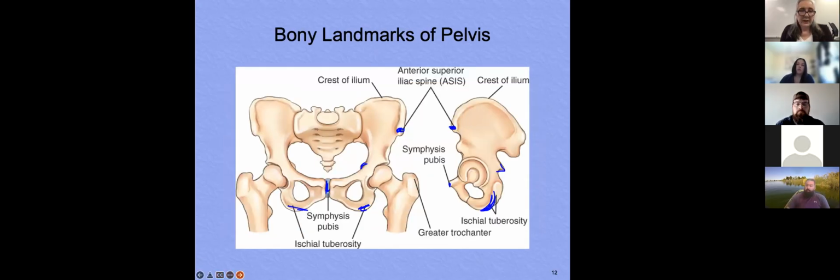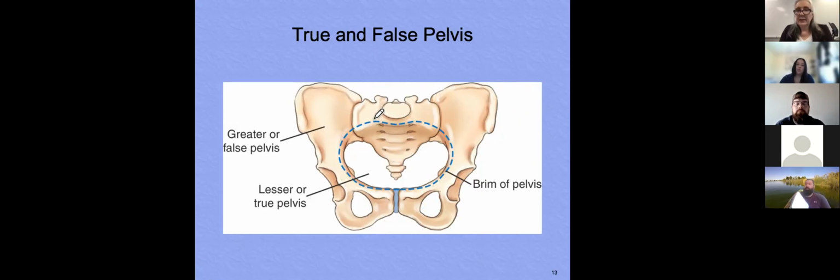Okay, so this sits at an angle. If you're looking at the pelvis from the front, it's going to be angled like that. Okay, and so above that would be the greater pelvis or the false pelvis. Below that brim would be the true pelvis or the lesser pelvis. Okay.